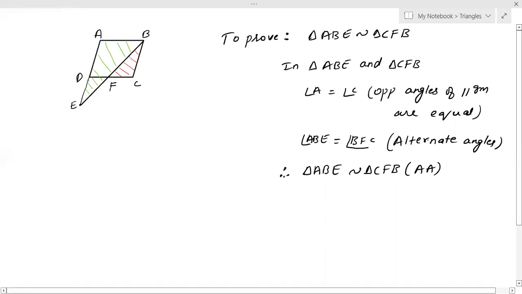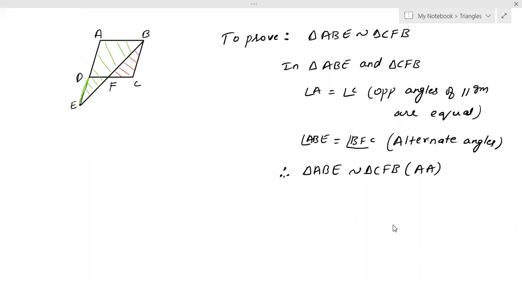Before that, AD is extended, AD is produced, and it meets at point E. From point E, we join with B so that it intersects at F. So we have got two triangles here, a bigger triangle ABE and a smaller triangle BFC. We have to prove that these two triangles are similar.